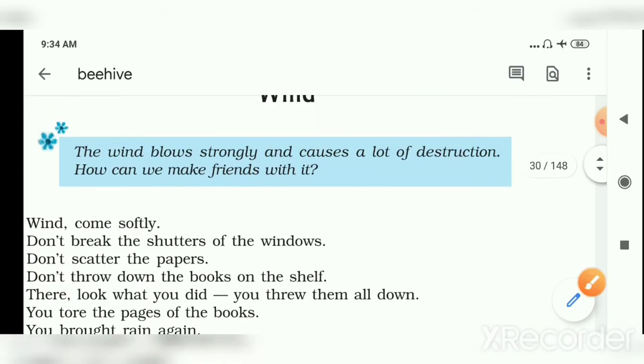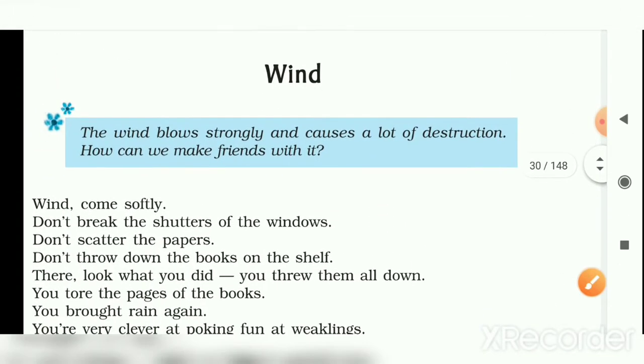Apart from that, one more thing I'll tell you, and that is what? The entire poem is based on personification. Personification means what? This is the name of a figure of speech. And these figures of speech, I'll tell you when I teach you all the figures of speech. At that time, you will keep it in your mind.